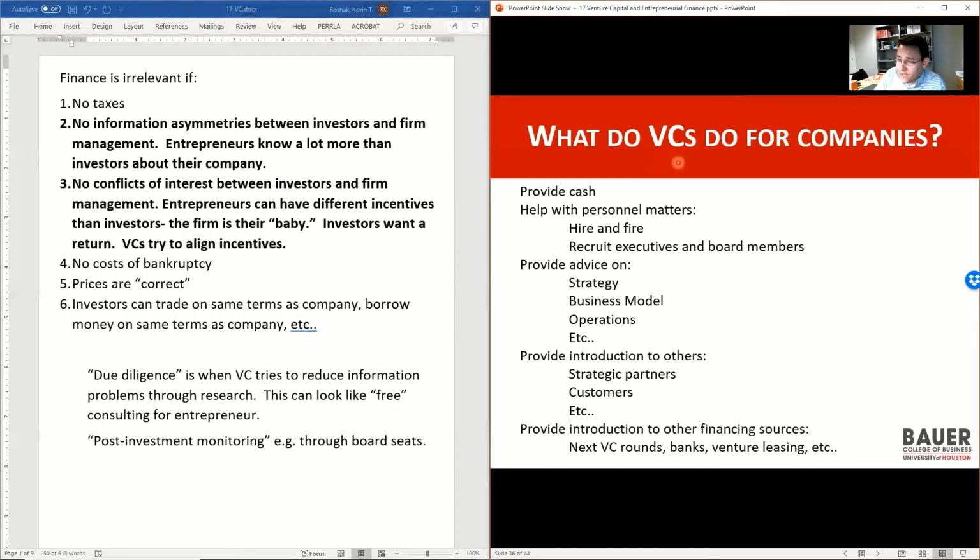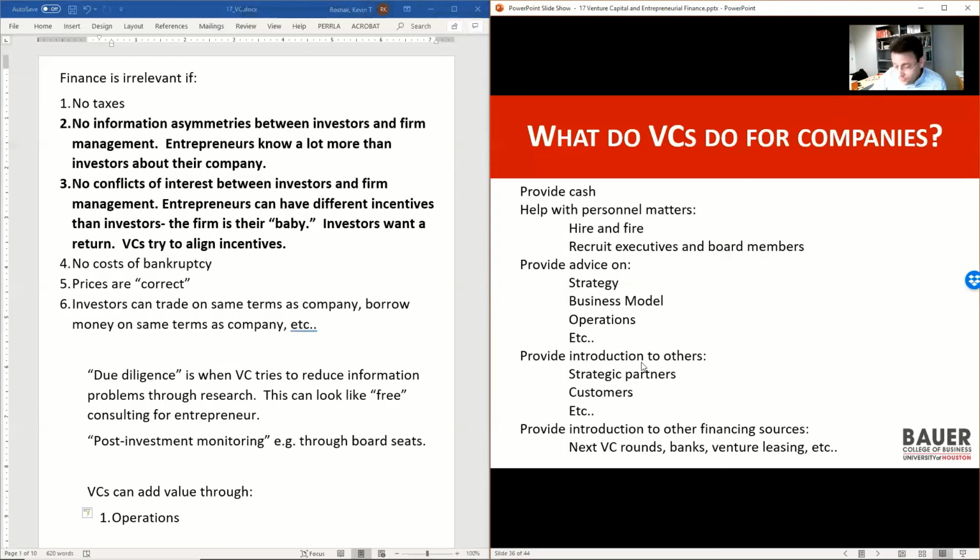One way that VCs add value is on the operational front. If the VC has an industry focus, they're going to know people there, so that's going to help them with personnel matters, hiring and firing, recruiting executives and board members. Also, bigger picture strategy issues and operations and networking, right?